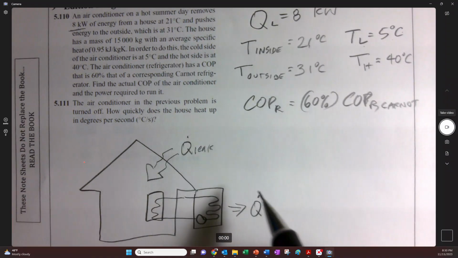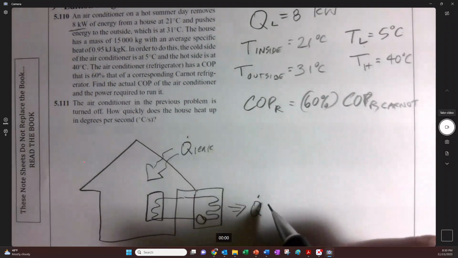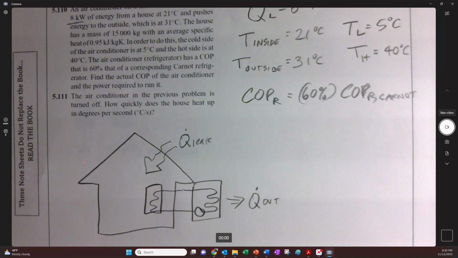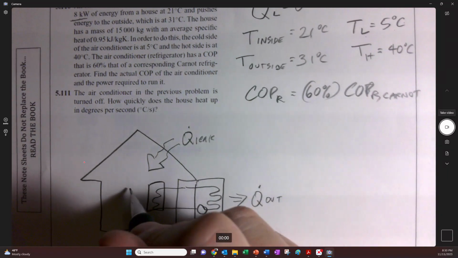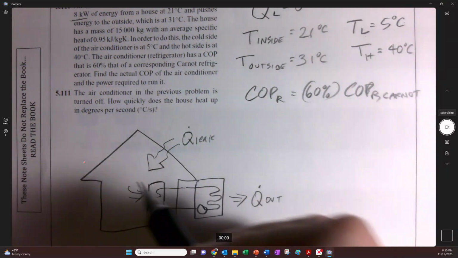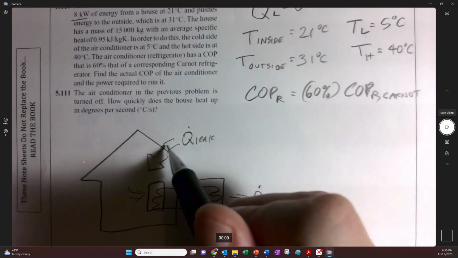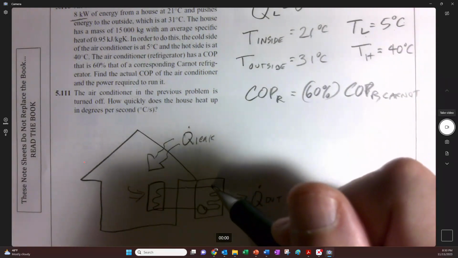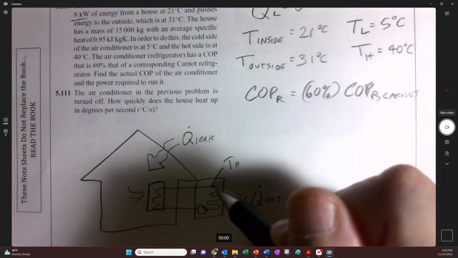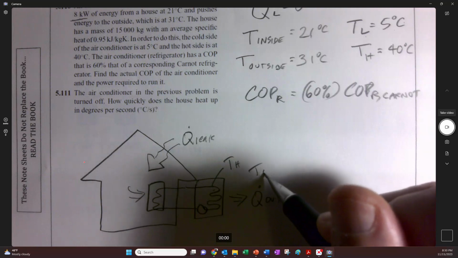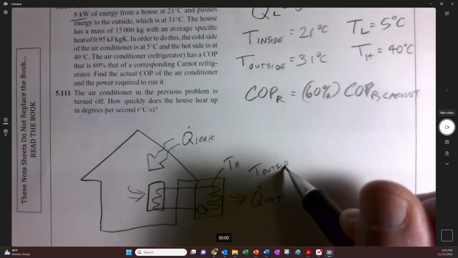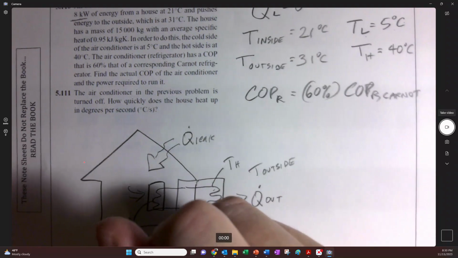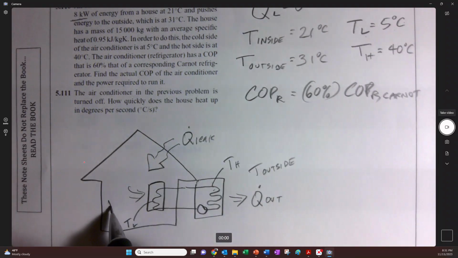It's leaking in, and then we're putting it out. It's coming into the house, coming into here, coming out of there. This is the TH on the coils, whereas this is the T outside. And on the coils right here, the TL is right there, whereas this is the T inside.